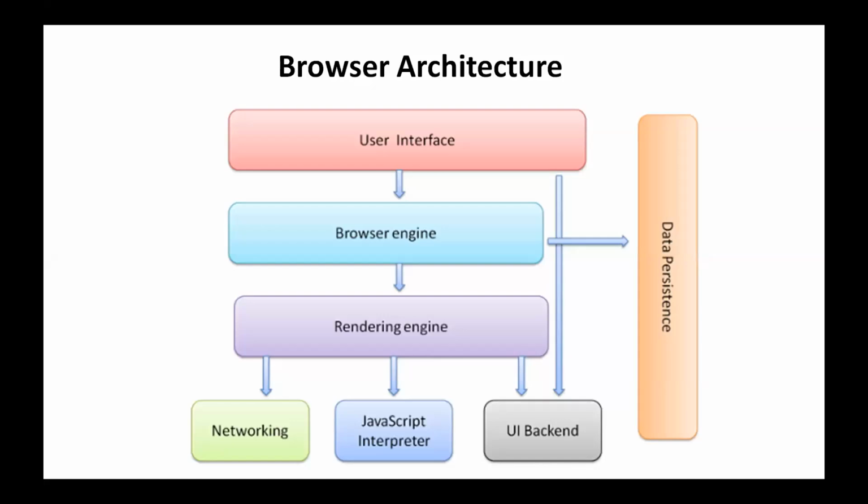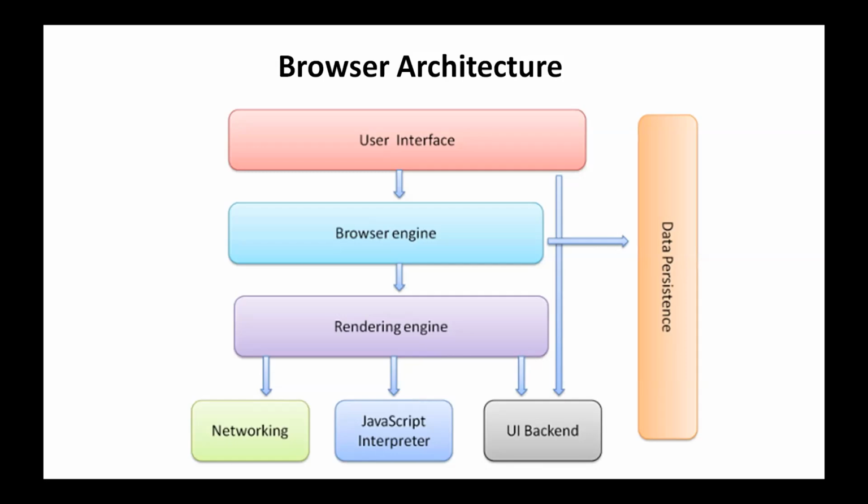No need to discuss all of this at a time, right? We will discuss every point one by one. The user interface is nothing but the UI you are seeing in the browser. The browser engine is responsible for doing certain activities. What are those? I will tell you now.